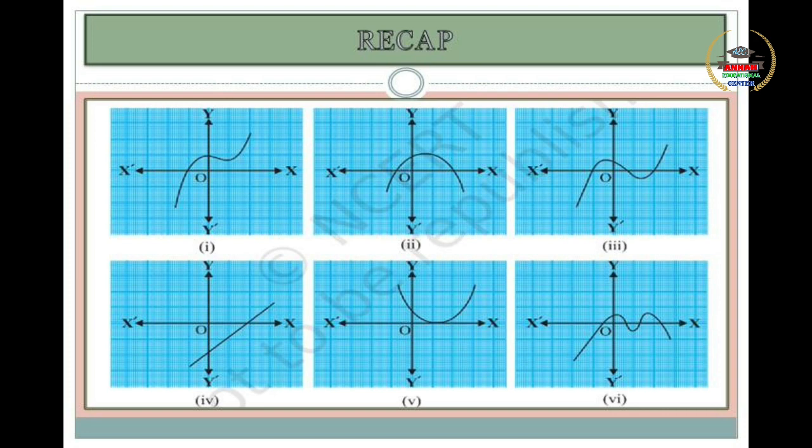In the sixth one, the curve is touching the x-axis in 4 distinct points, so any curve of degree 4 will touch the x-axis in 4 distinct points. So this is the geometrical representation of a biquadratic polynomial, and the number of zeros is 4.